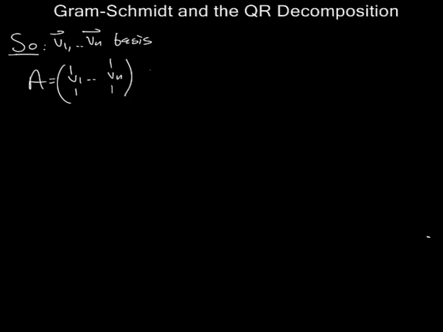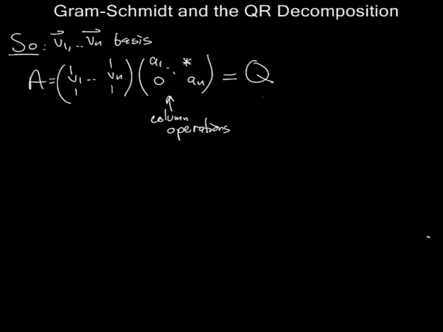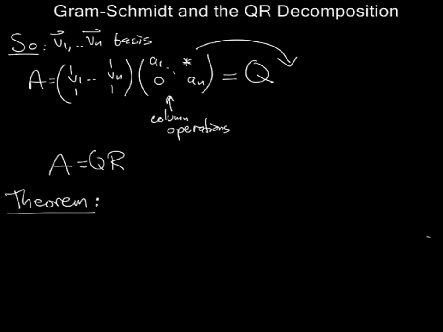You make them the columns of a matrix A. And then you multiply on the right by an upper triangular matrix. That corresponds to doing these column operations. And the result is an orthogonal matrix. And by moving this guy to the other side, you've written A is equal to Q times R.